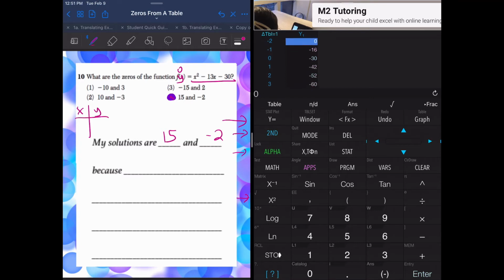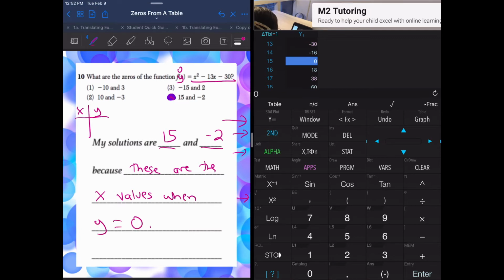Let's scroll down to when x is 15. Do you notice anything about the y values where my answers are? So these numbers, 15 and negative 2, are my solutions because these are the x values when y equals 0.